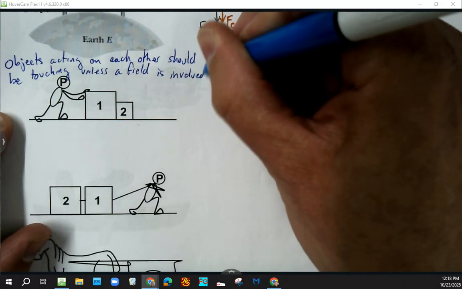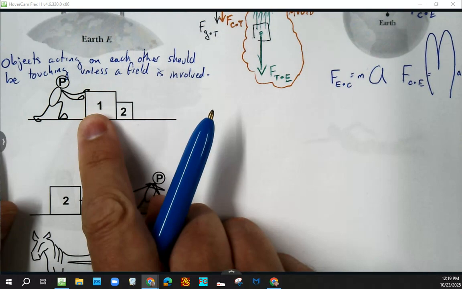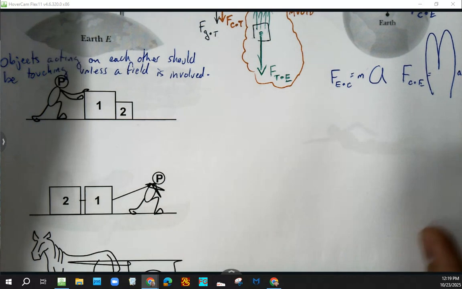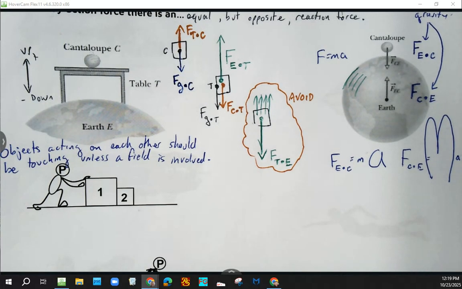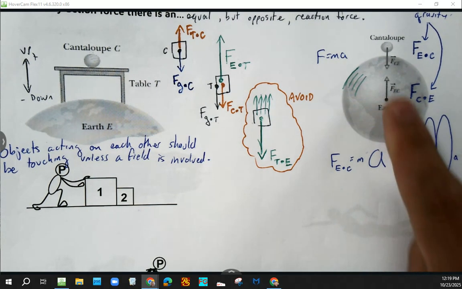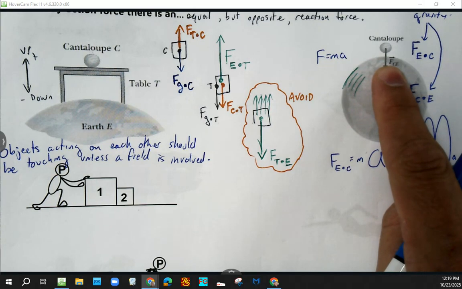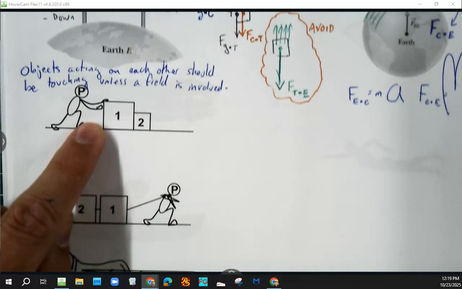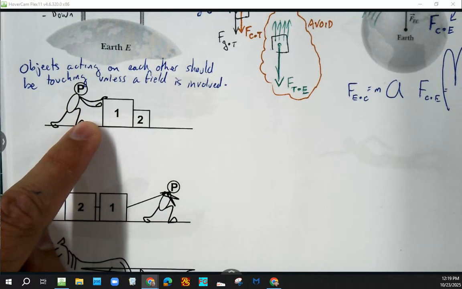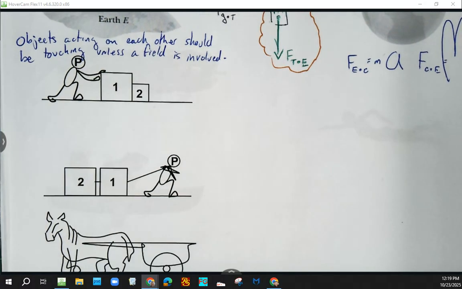In other words, we're going to have to touch the box to move the box, unless we use a magnet. We're going to have to touch something to pick it up or put it down, unless gravity is doing it. So unless you're a Jedi, you're going to move things by touching things. You're not going to use the Force. May the force be with you and also with your spirit.